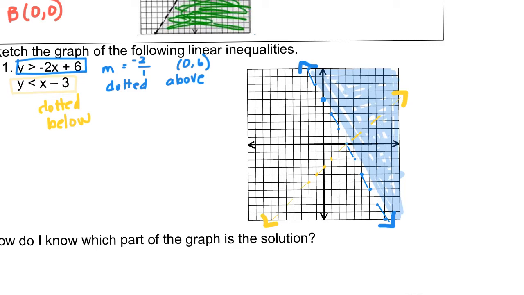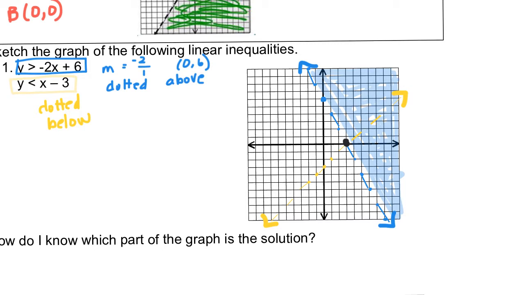All right, now that we have drawn our line, and again, it's not perfect, so please use a straight edge. One important thing to note is where the lines cross. They meet at this point right here, at the point (3, 0). So it's good to know where they cross and to see your points clearly. Now let's shade.